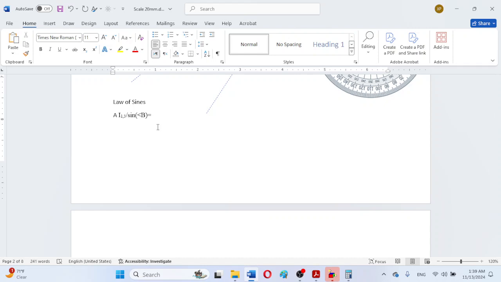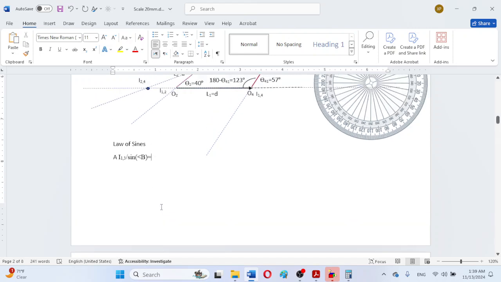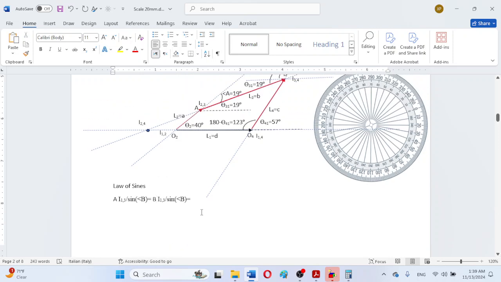In this way, all three terms can be written here. For example, just copy here and then paste it here. So here we can write B I1,3 will be equal to this, and after that the last term will be, for example, AB.